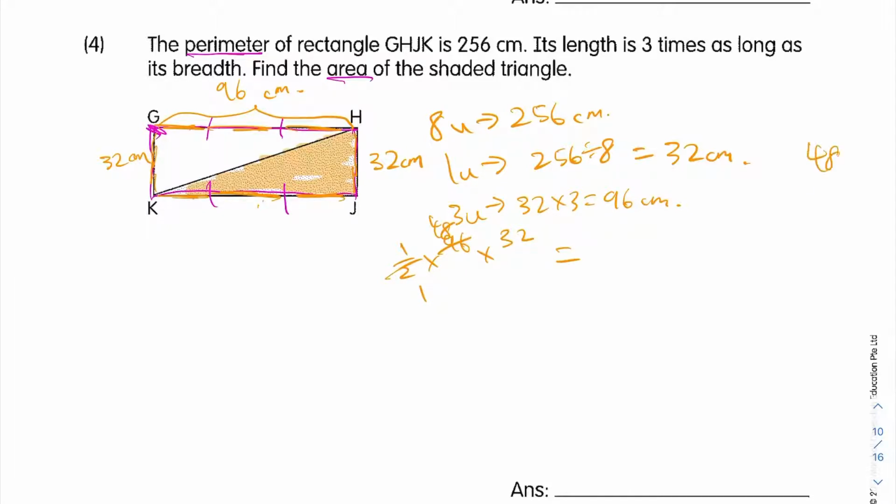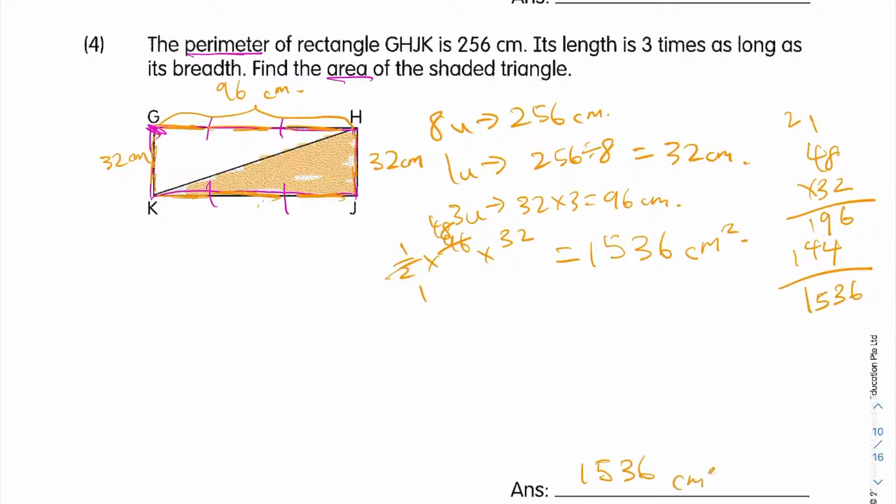So 48 times 32, whoa. 8 times 2 is 16, so it's 96. 8 times 3 is 24. 4 times 3, 12 plus 2, 144. So 6, 13, 5, 1. So 1,536 square centimeters. So the area of this shaded triangle would be 1536 square centimeters.